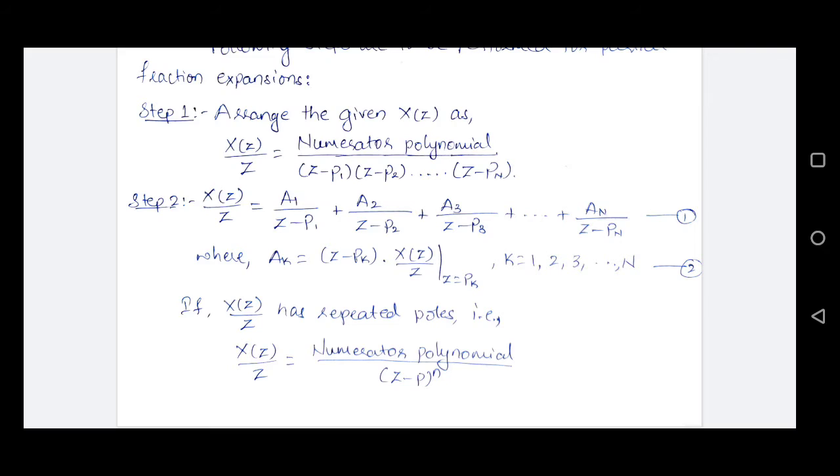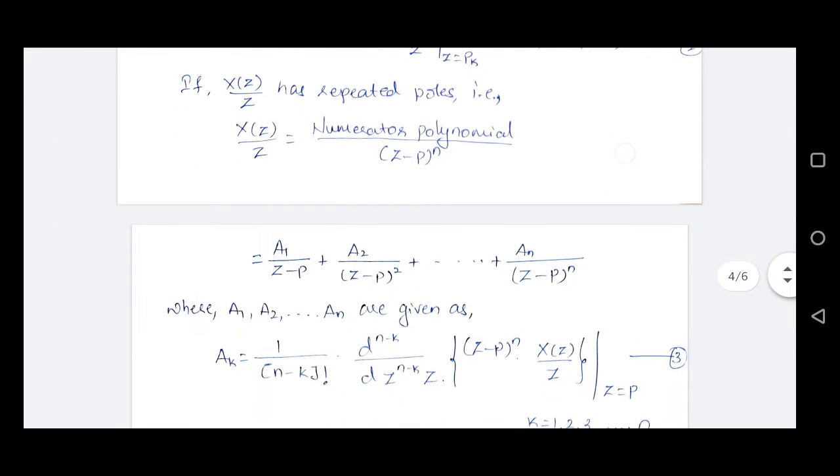Now there is a possibility of obtaining repeated poles, or repeated roots, in the denominator. If we get a repeated root as expressed here, X(z) divided by z equals the numerator polynomial divided by (z minus p) to the power n. P is a repeated pole here, and it is repeating n times because n is the power.